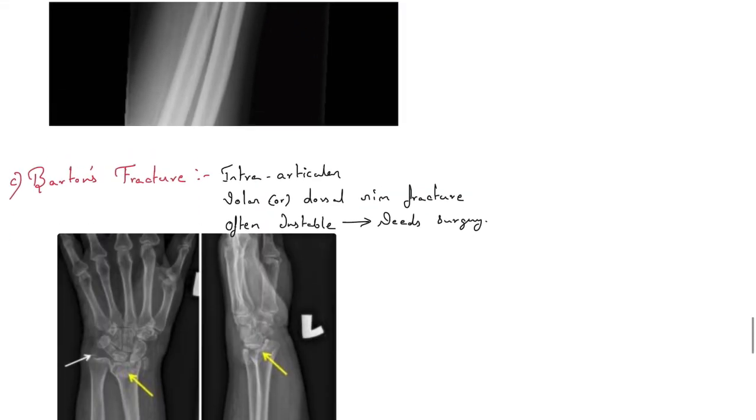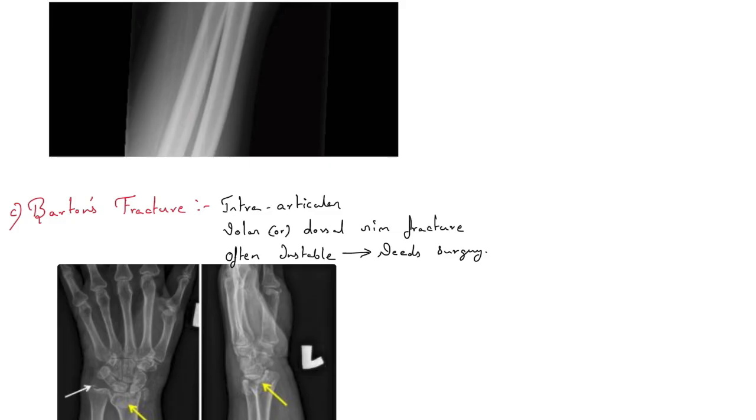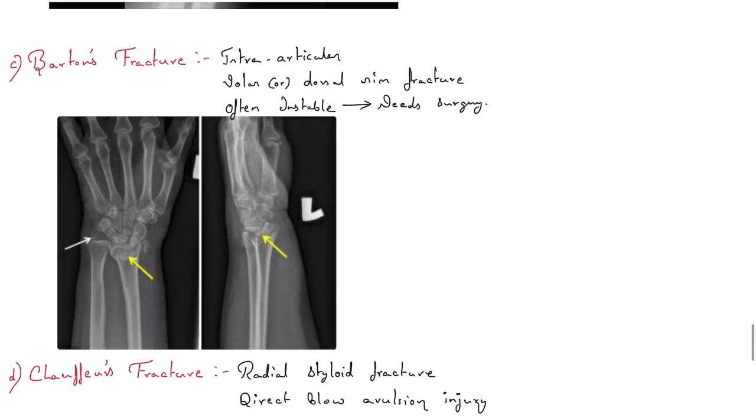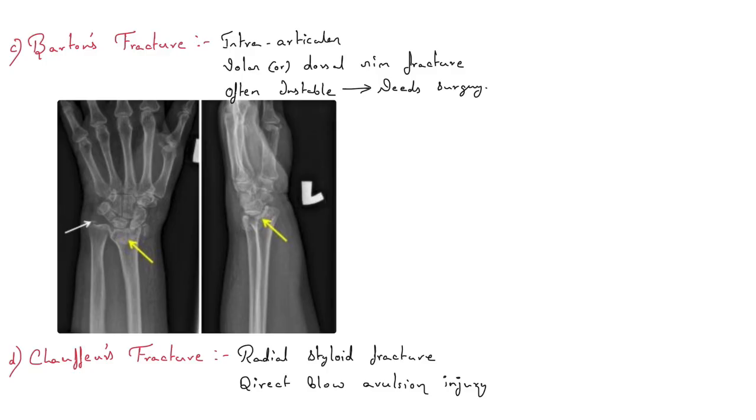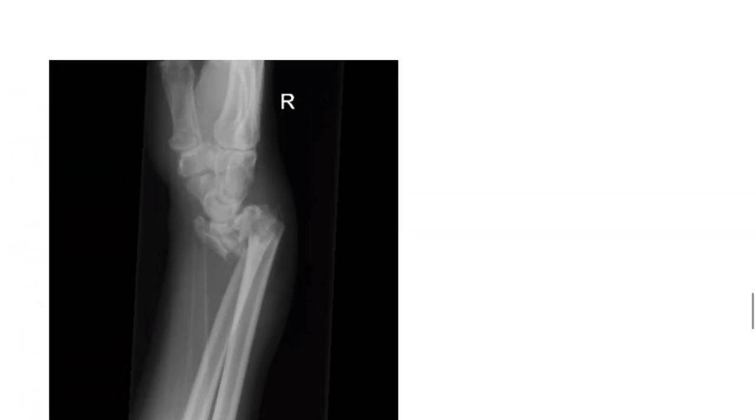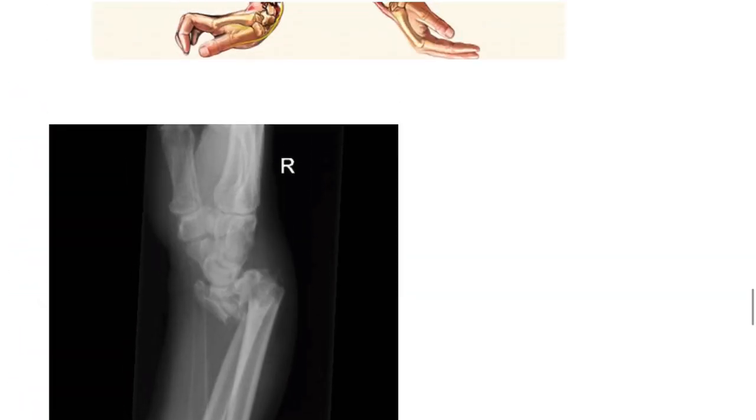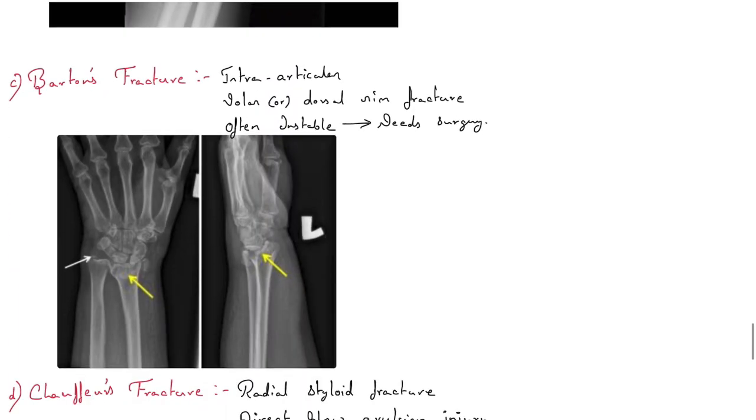Mostly you can see this fracture because of a fall on a flexed wrist. Next, Barton's fracture. In Smith's fracture you can think of the reverse dinner fork deformity or garden spade deformity.